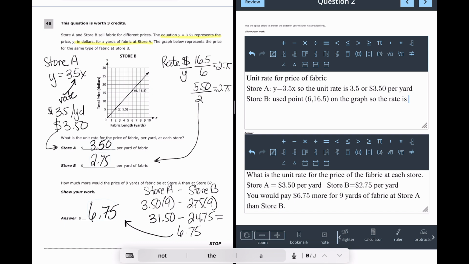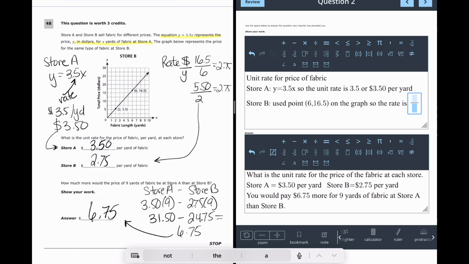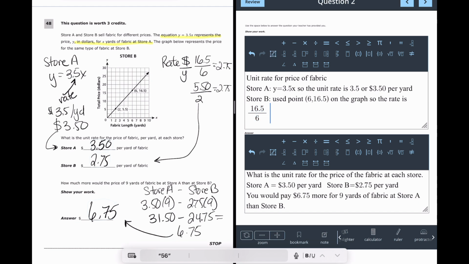So the rate is, and I'm going to put it in now as a fraction, 16.5 over 6, or $2.75 per yard. That one was dollars, so let me put the little dollar sign. It's not letting me put a dollar sign there. Okay. Per yard. All right, so that's what we have there.